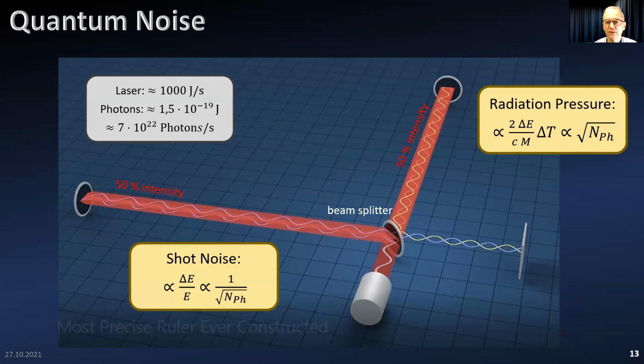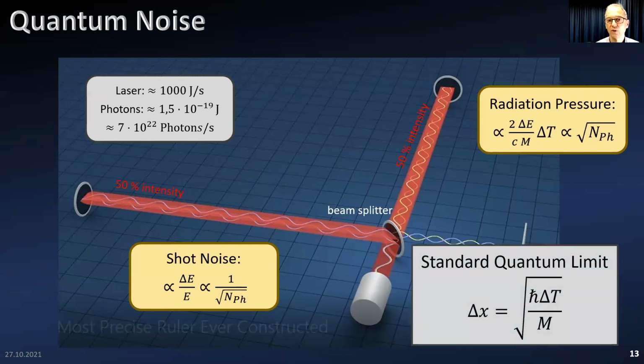The variation in the radiation pressure goes with the absolute fluctuation. So it goes with the square root of the number of photons. So if you go up with the laser power, the radiation pressure increases, and at the same time, the fluctuations of the radiation pressure increase, and that reduces again your sensitivity. So between those two, you can find an optimal laser power, and this is called the standard quantum limit.